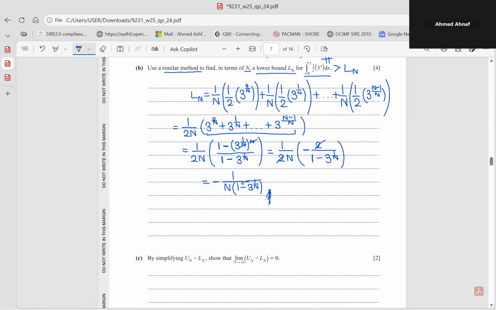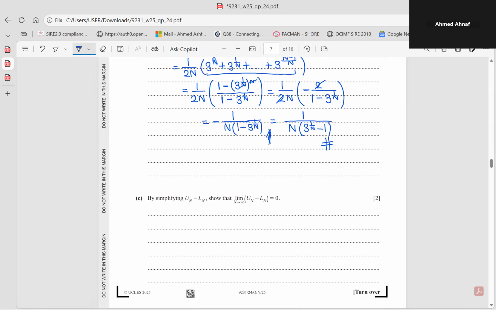Actually, I don't like the negative sign, so to get rid of it, let's just multiply both the numerator and the denominator by -1. So you get 1 over n times 3 to the power of 1 over n minus 1. This would be our final answer for this part.